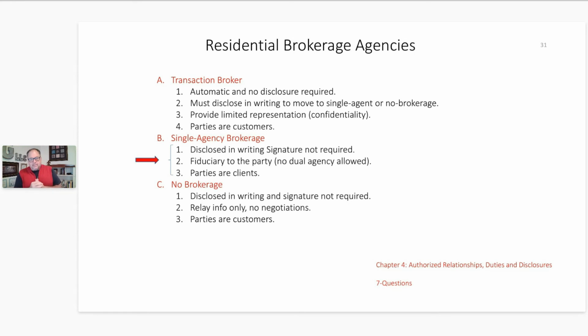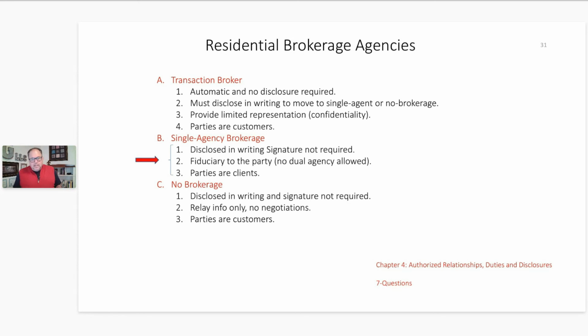You can't do that. So now I'm a client to you. You went from transaction broker to disclosing a form with me, and now you're in a fiduciary role to me, and I'm called a client now. I went from a customer to a client.